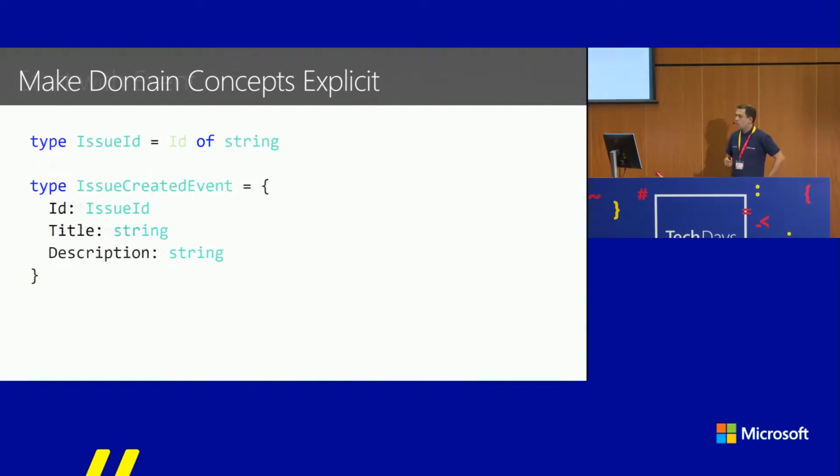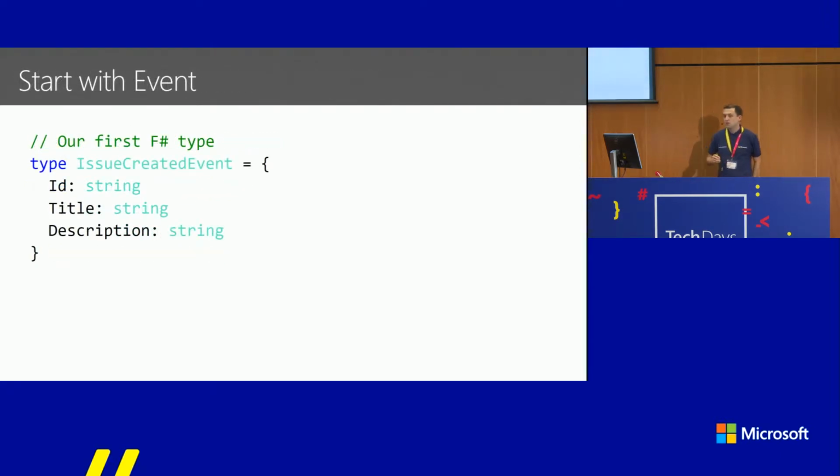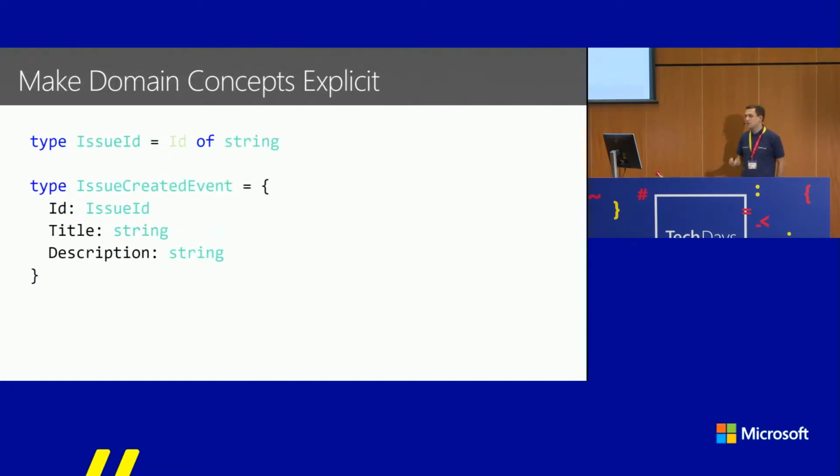So I have one problem with this type. Title and description are probably strings, but ID, if you ask the domain expert, it's probably not a string. They don't talk about it like that. They have a concept for issue ID, like in Jira you have a project number with something. So the way you solve it, you define a type for issue ID. In this case, you just say that you tag it with something called ID.